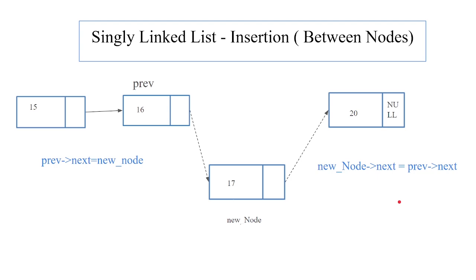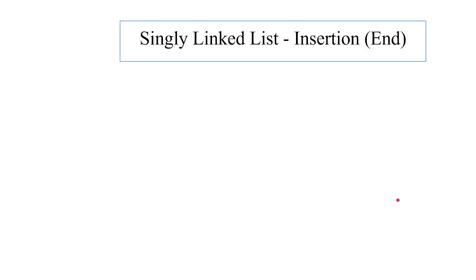Now we will see how we add the node at the last. To insert as a last node in the linked list, first we allocate the memory and create the new node. After creating the new node, we try to insert it into the existing linked list.